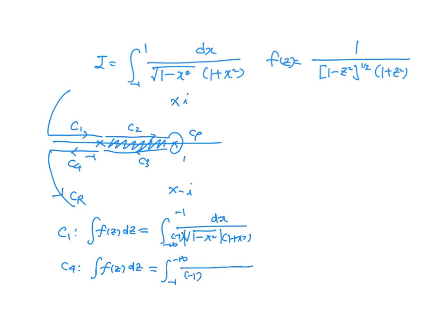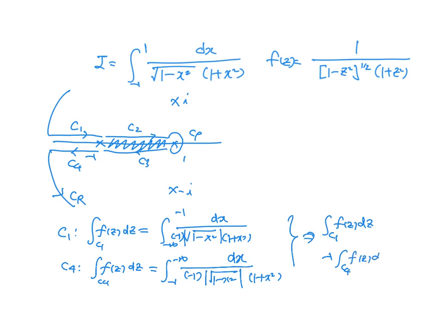Again, minus 1 dx. But obviously the integral over C1 plus C4 is 0, right? The integral of f over C1 plus the integral of f over C4 equals 0. And we need to evaluate C2 and C3.